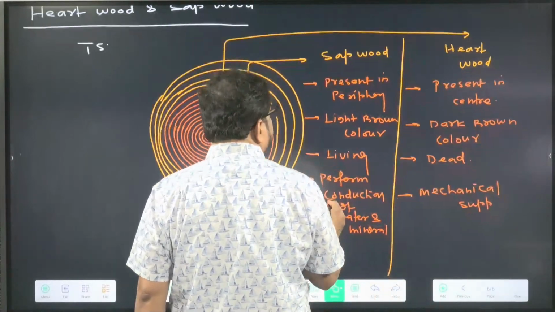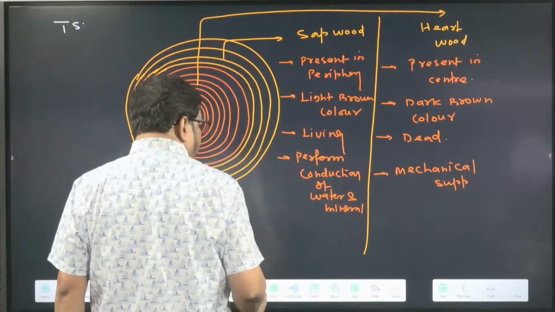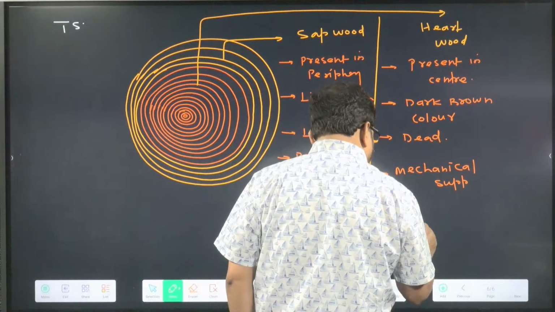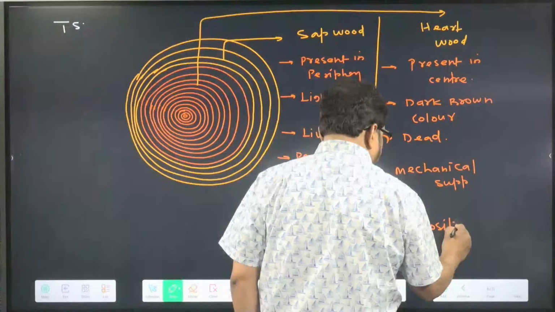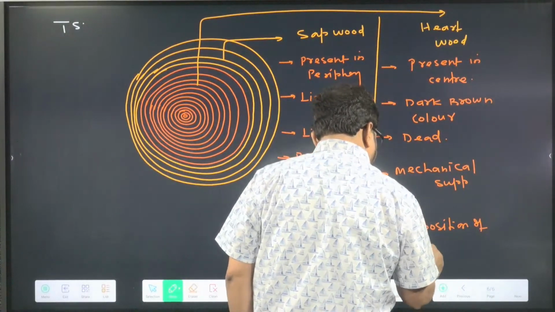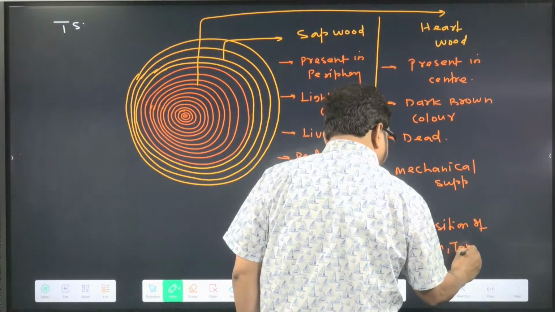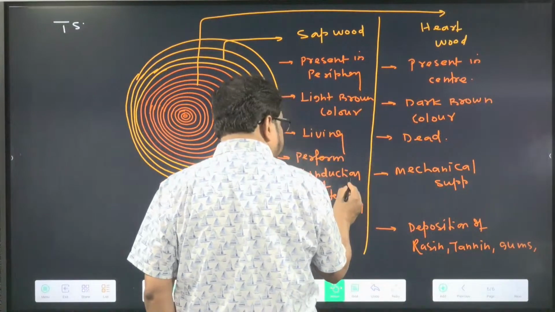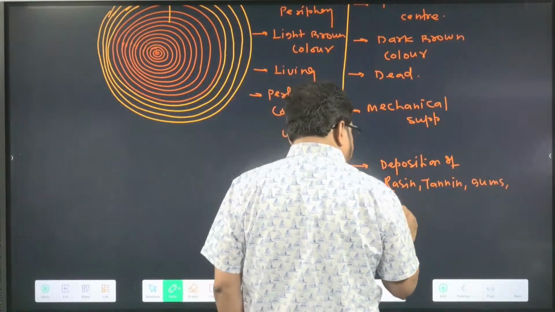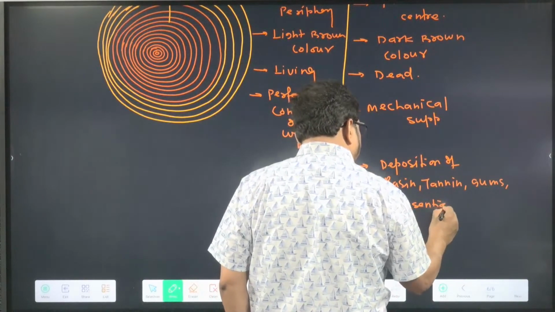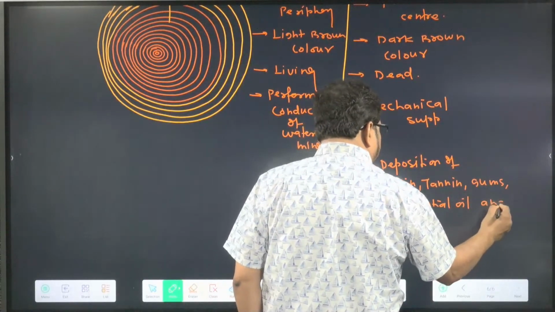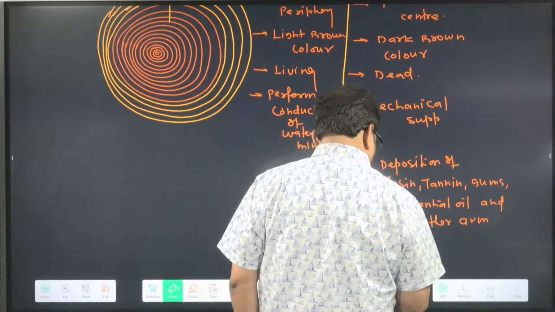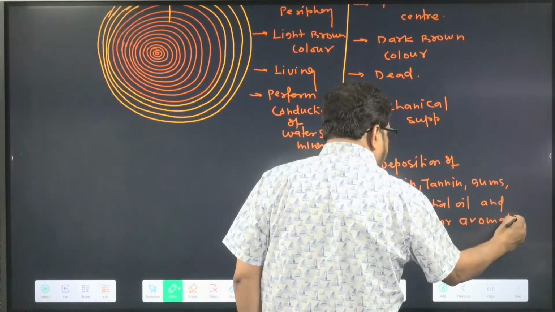Now you can ask why it is light brown and why it is dark brown. So in heartwood, what is there? Deposition of resin, tannin, gums, essential oil, and other aromatic substances occurs.